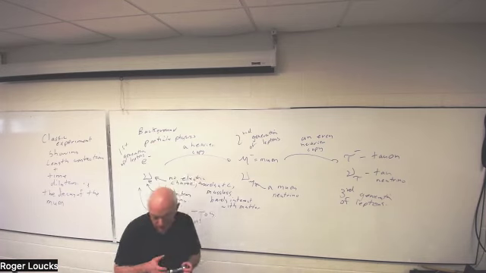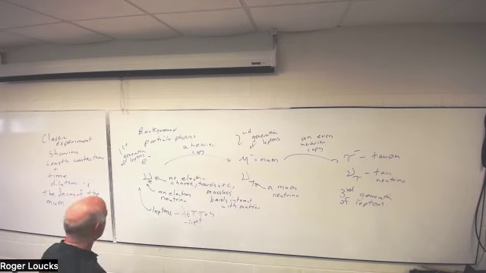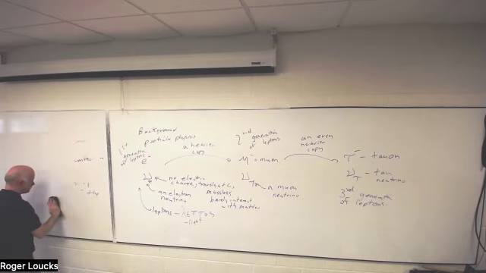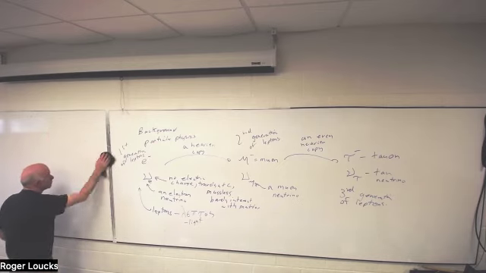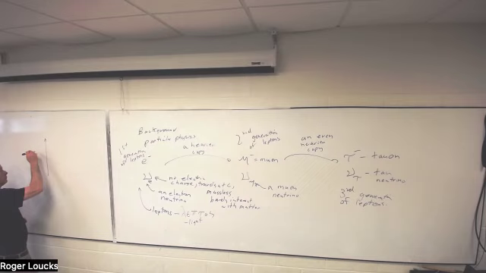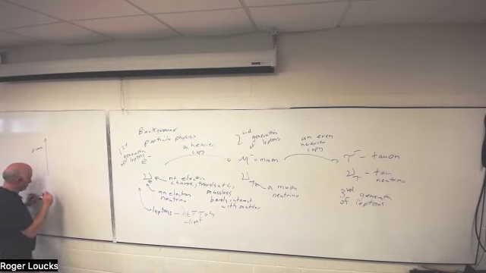Now, what can happen here? Something kind of neat. I'm going to plot time this way. I can have a muon. Well, let me show you what's going to happen here.